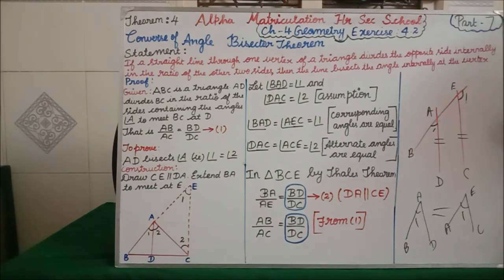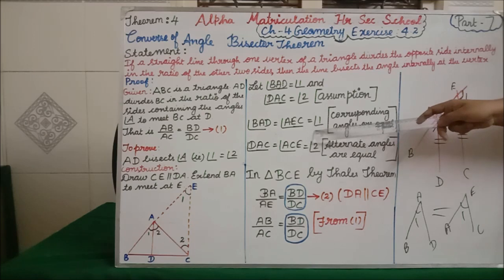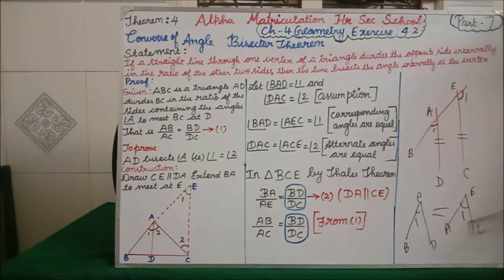Suppose these are parallel lines. If one angle is on this side and another angle is on that side, that is an alternate angle. But if we have two angles on the same side of the line, that is a corresponding angle. Clear all of you now? So BAD is equal to AEC equal to angle 1. Both are angle 1.